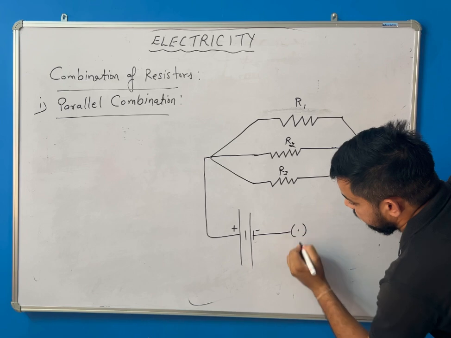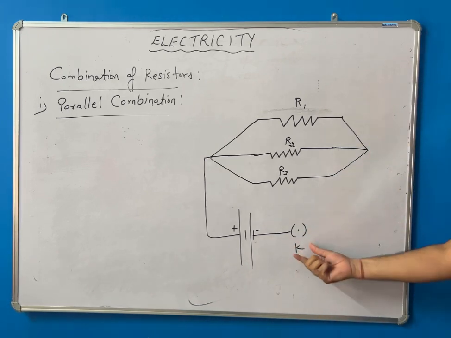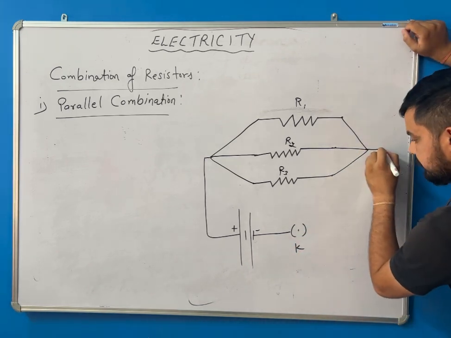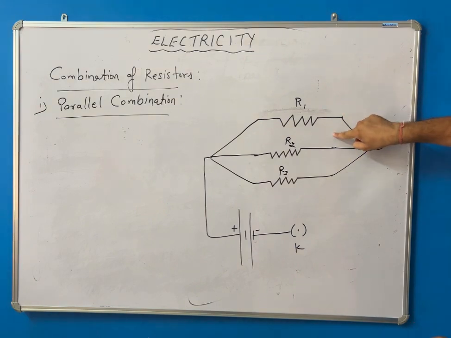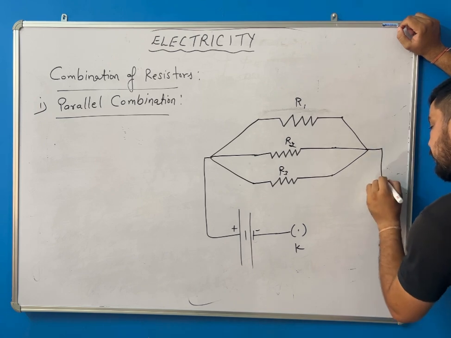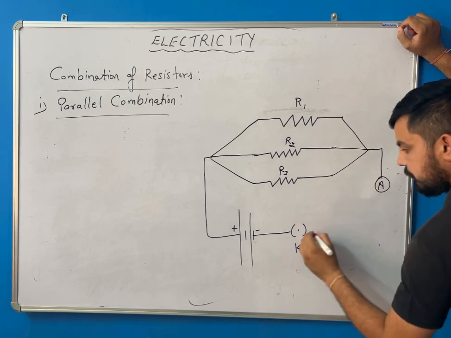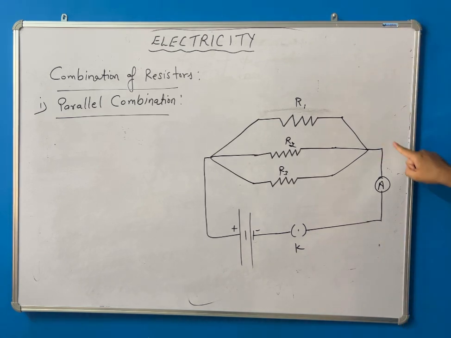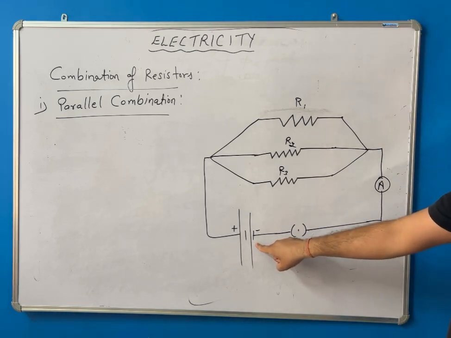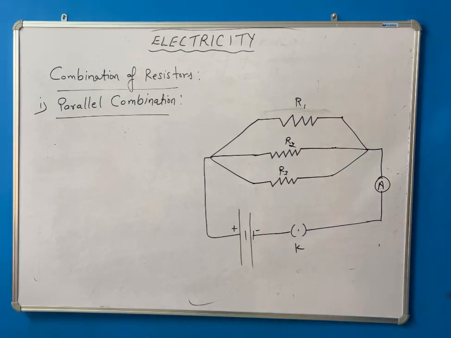Now insert a switch, and see, the second end of all these resistors is connected to the negative terminal of the battery. So this type of combination is called your parallel combination.